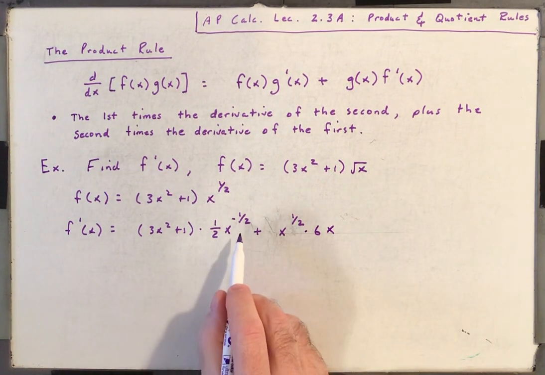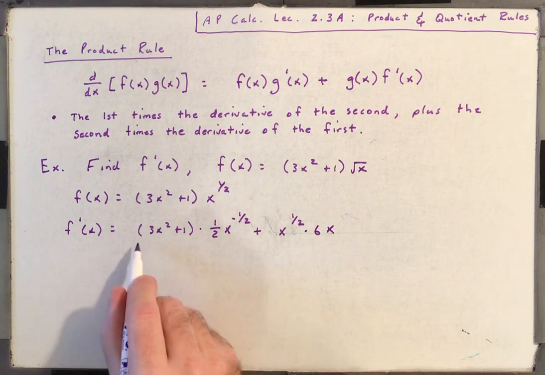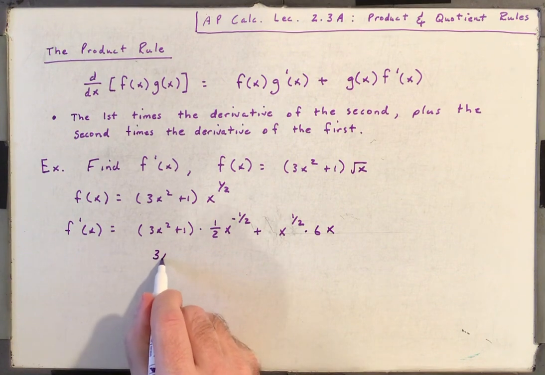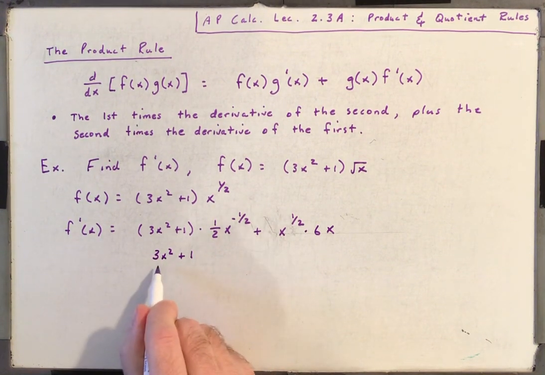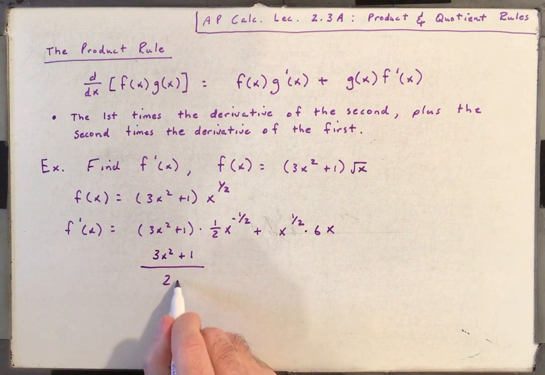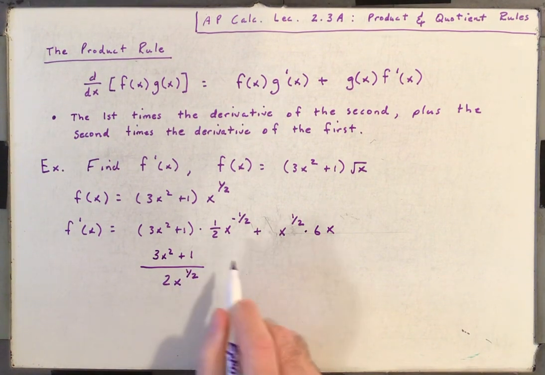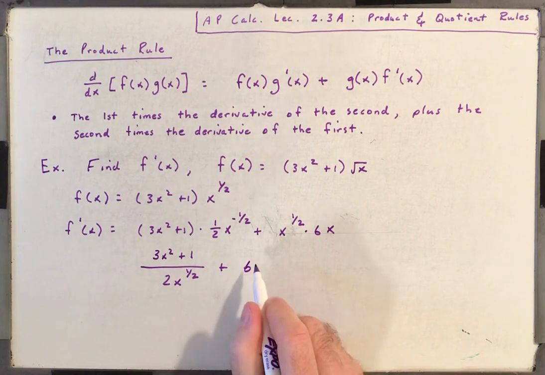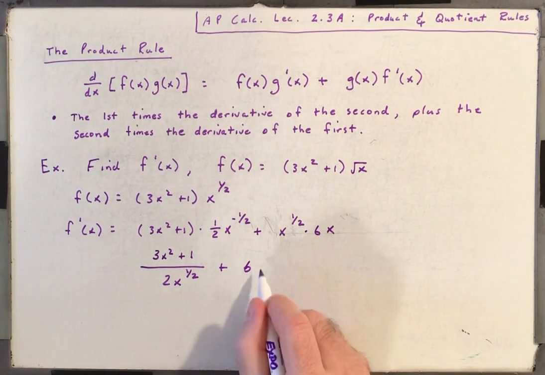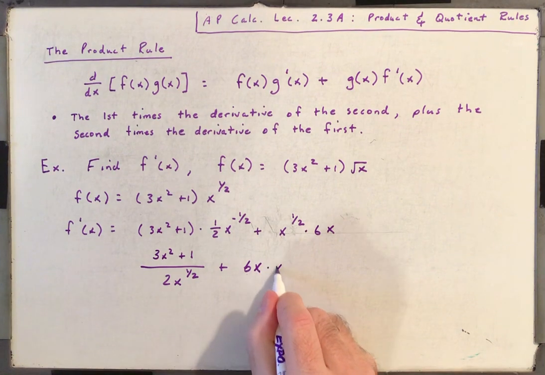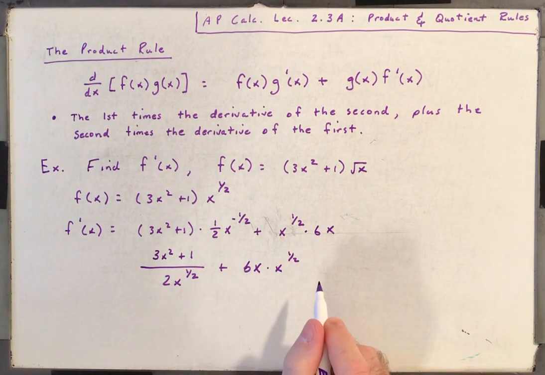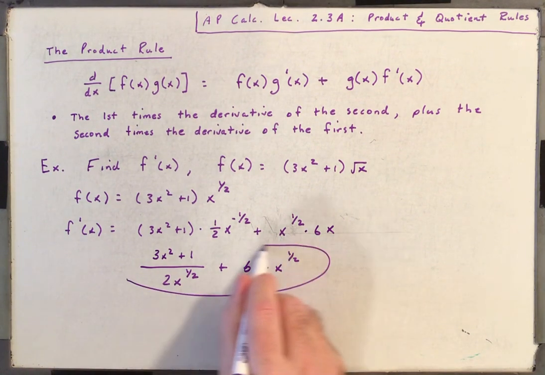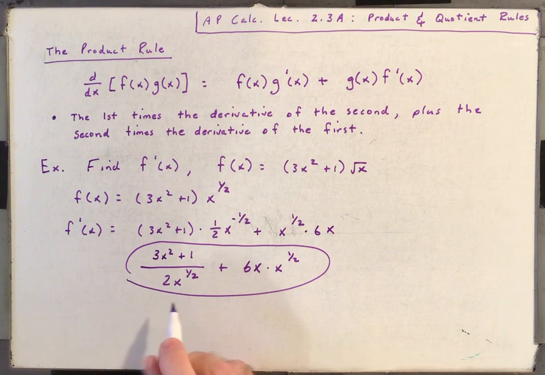Now we want to clean this up. We've got to make the exponent positive, so that's going to be 3x squared plus 1 over 2x to the 1/2, plus 6x times x to the 1/2. All right. I am fine with this as your answer. Now the book will probably make this into a radical.